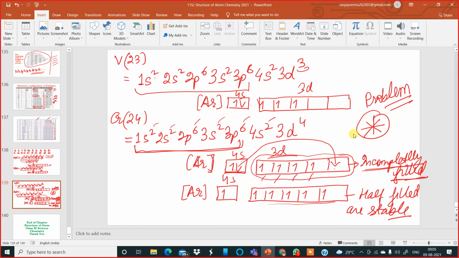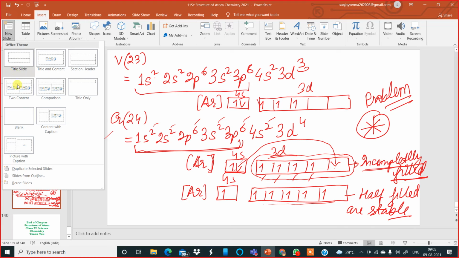So this is the manipulation, this is the assumption which has to be done in the case of chromium. The other element in which this manipulation has been done is copper. Like chromium, there has been a small assumption in the case of copper. We'll come to it quickly. Did you get this much?